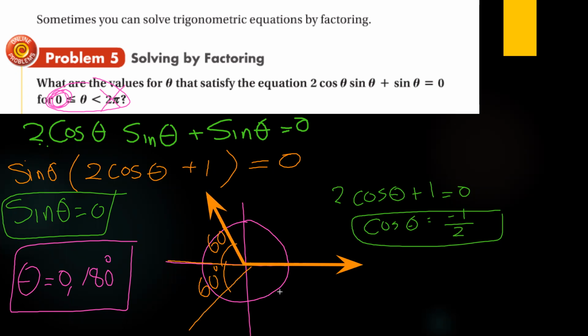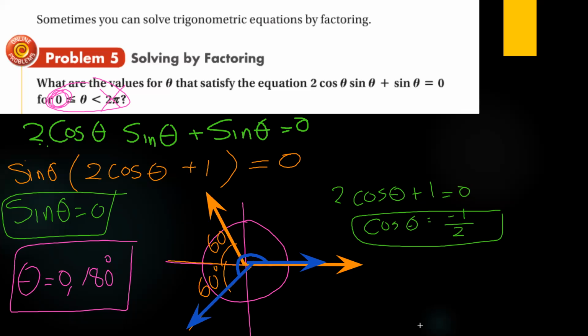For this first angle, its cosine is negative half because it rotates 60 degrees from the negative x-axis, and because it's in the second quadrant, its cosine must be negative half. The second angle goes from this point up to this one here.